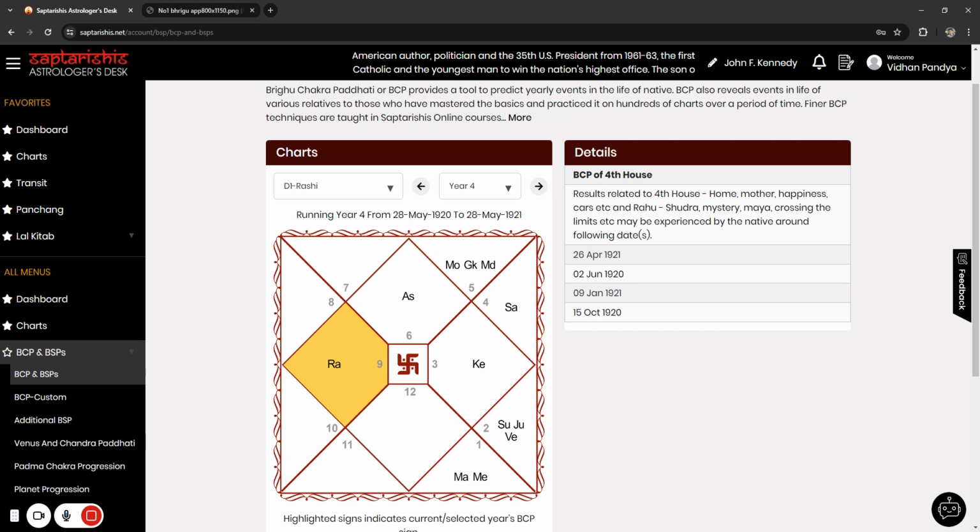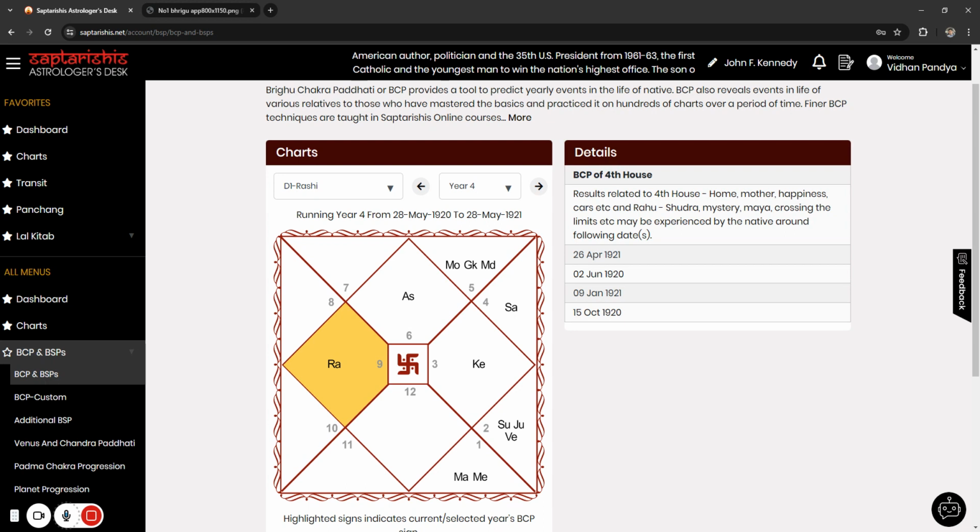There are many people like me who use this technique. BCP is such a powerful technique. It's a very powerful weapon to have in your armor. If you are new to astrology, as well as if you are an experienced astrologer, for all kinds of astrologers, this technique is a real gem, right?